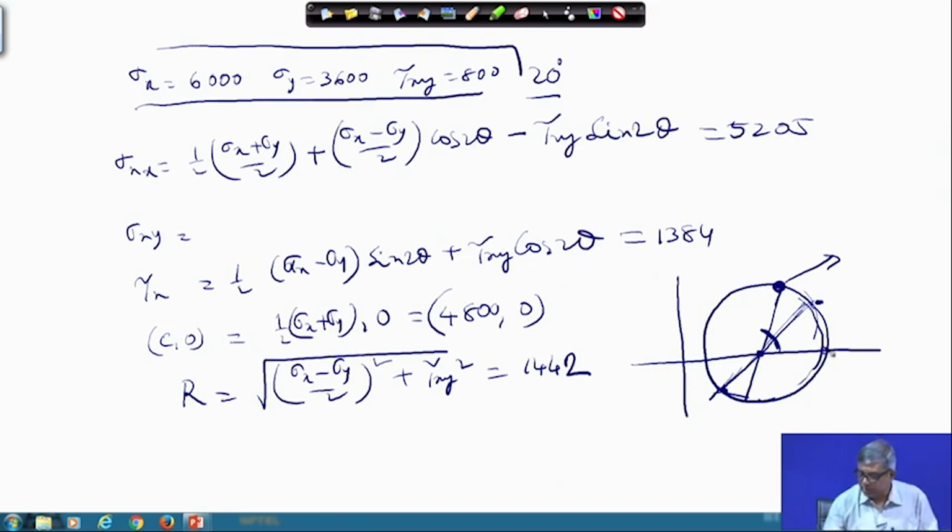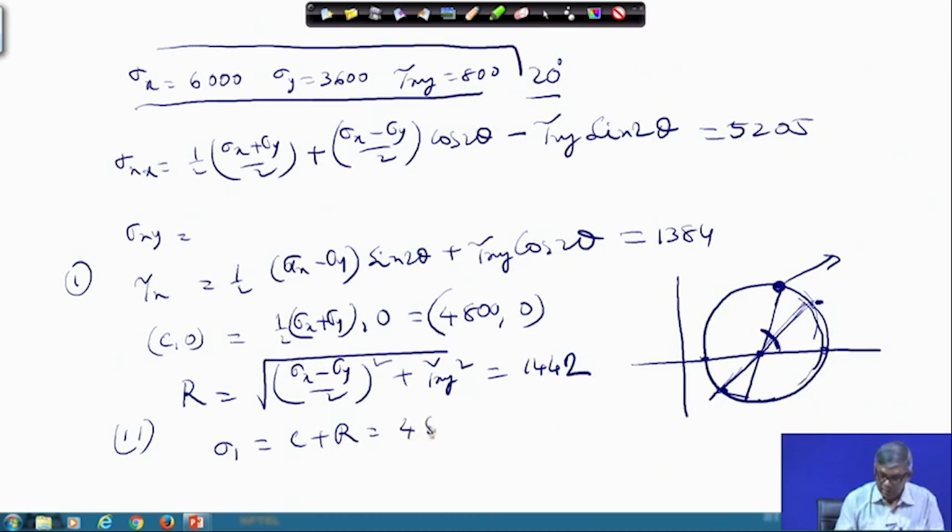Now, second part, that is actually you have to find out the major principal stress. So, from this circle directly we can read. This is the first part. The second part, sigma 1 will be equal to C plus R. That means you have 4800 plus R, which is 1442.